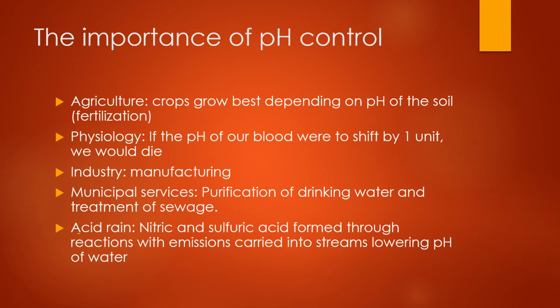And last but not least, acid rain. So what acid rain is, is nitric and sulfuric acid that's formed through reactions with emissions in the air, right? Everybody's driving around, you have that exhaust. It's actually forming nitric and sulfuric acid in the air. And now, when I say acid rain, this doesn't mean that if it starts raining and lands on your skin, it's going to burn your skin.